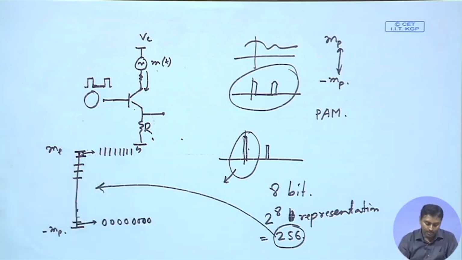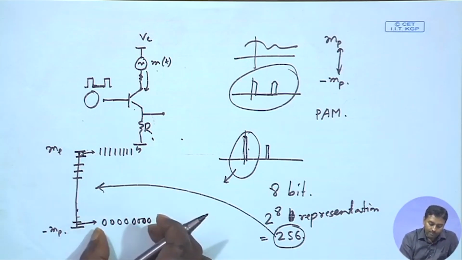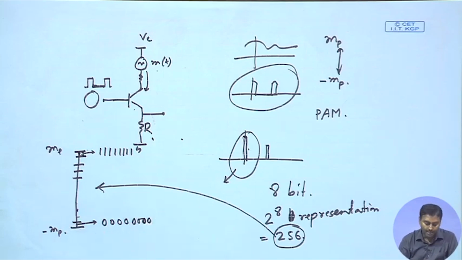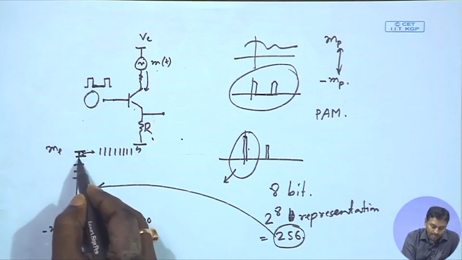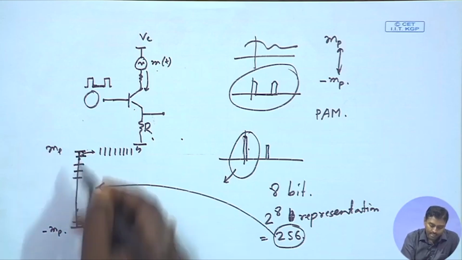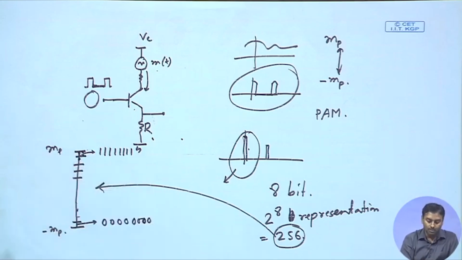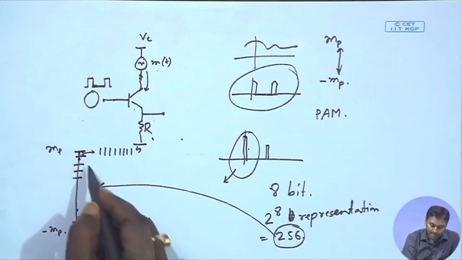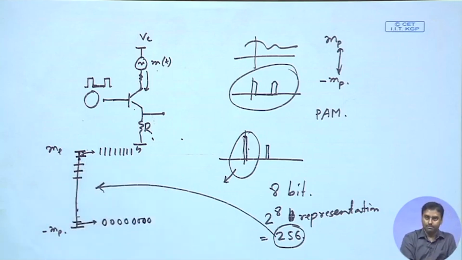Whenever I get a signal which is somewhere in between, it can be anywhere, I represent it as the corresponding binary code. So, this is some kind of modulation again, meaning I am modifying the signal for a better, digital representation.